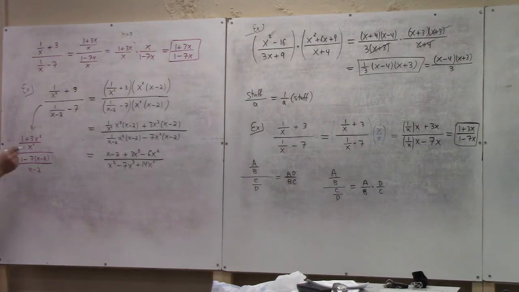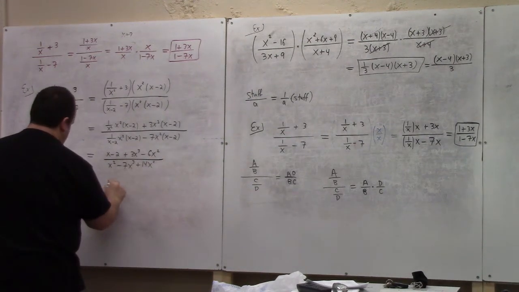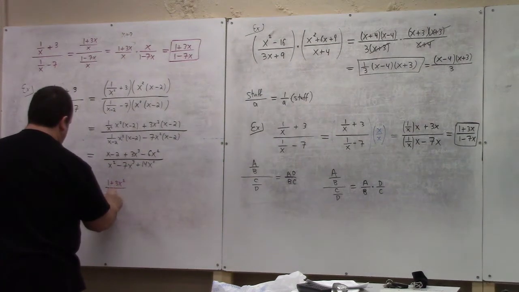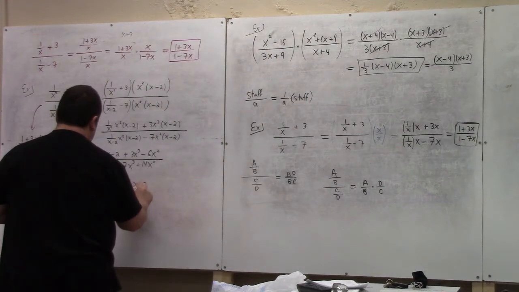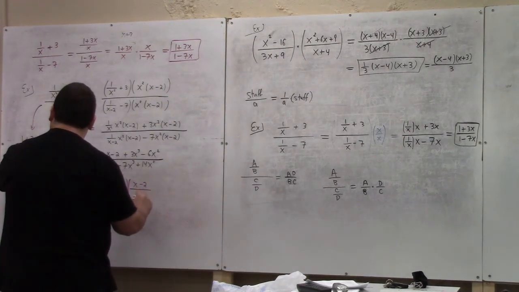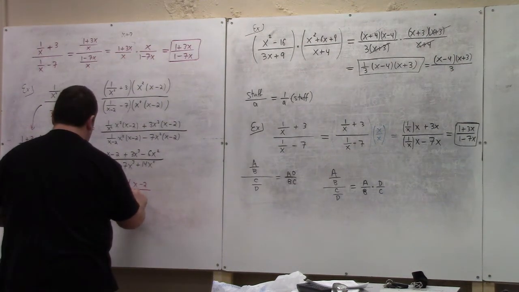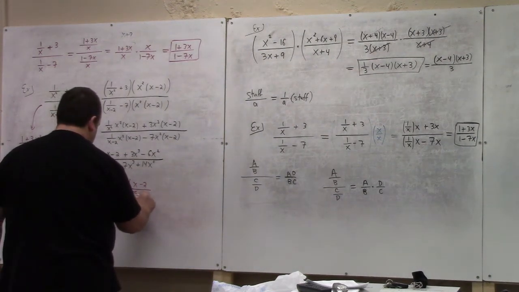So then keep change flip that thing. 1 plus 3x squared over x squared times x minus 2 over, what does that work out to? 14 plus 15. Minus 7x, yeah.